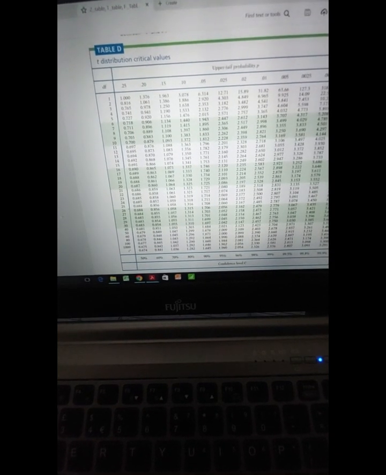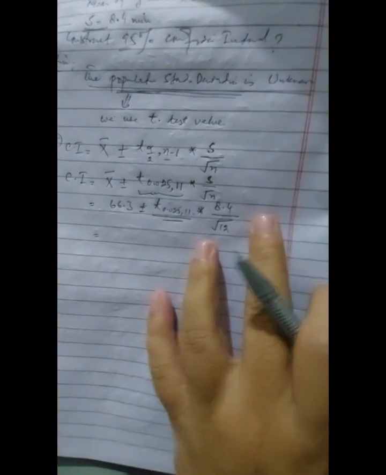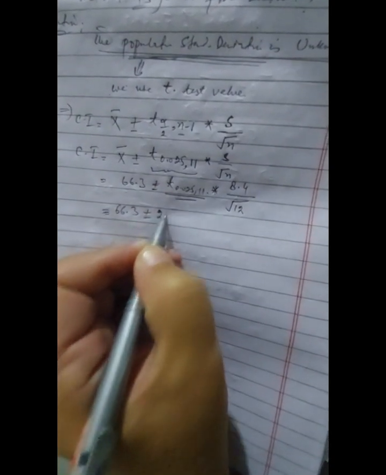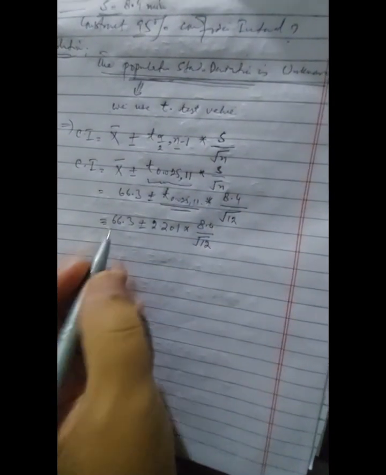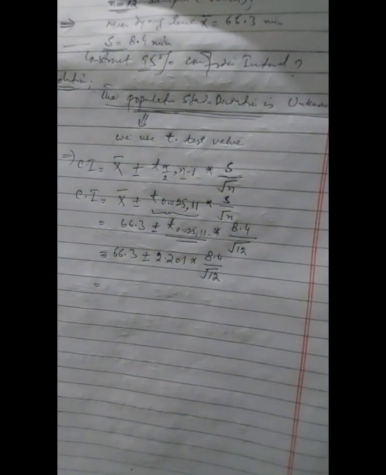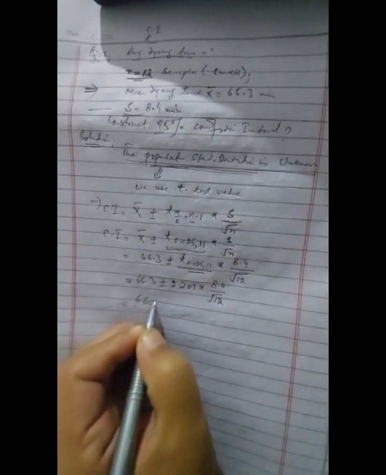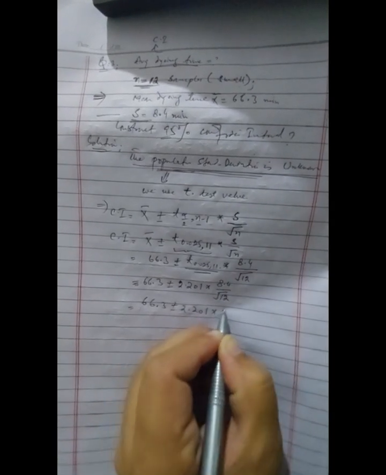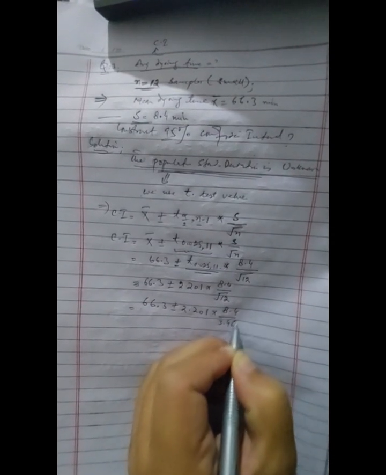This is how we use the t distribution critical values to find the confidence interval. Now here we put 2.201 and we get 66.3 plus minus 2.201 multiplied by 8.4 divided by the square root of 12. The square root of 12 will get us a value of 3.464. So 66.3 plus minus 2.201 multiplied by 8.4 divided by 3.464.